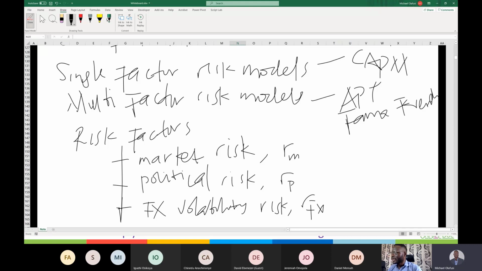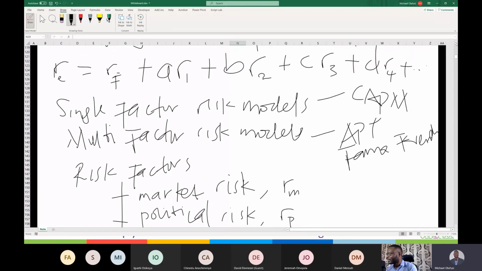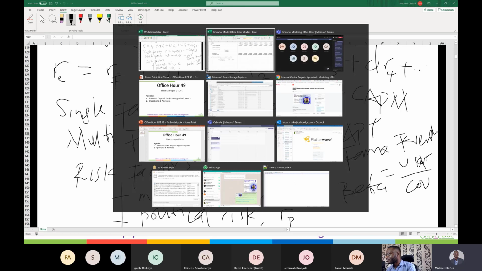So the key thing is, you want to identify what risk factors you are exposed to in your own business, and then create a formula to give different weightings. For market risk, the coefficient of volatility is usually called beta, which is equal to the covariance of your own return with the market over the variance of the market.